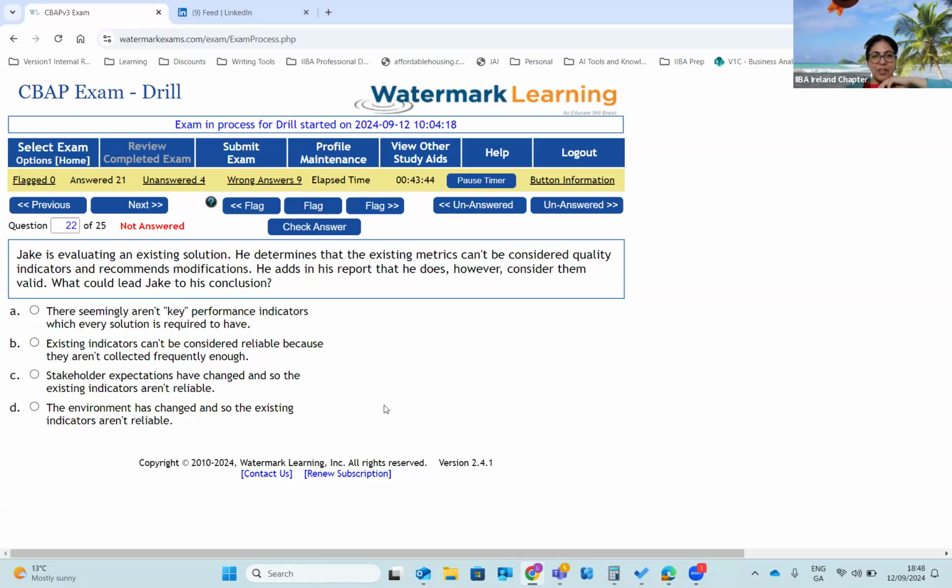Okay, next one. Jake is evaluating an existing solution. He determines that the existing metrics can't be considered quality indicators and recommends modifications. He adds in his report that he does, however, consider them valid. What could lead Jake to his conclusion?